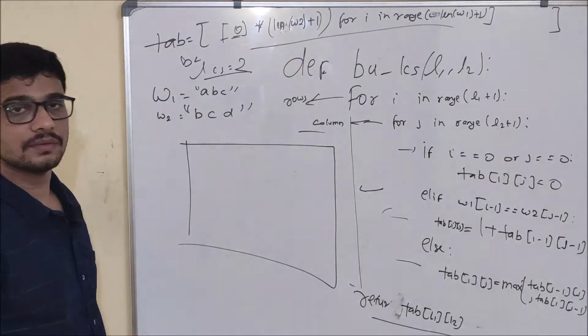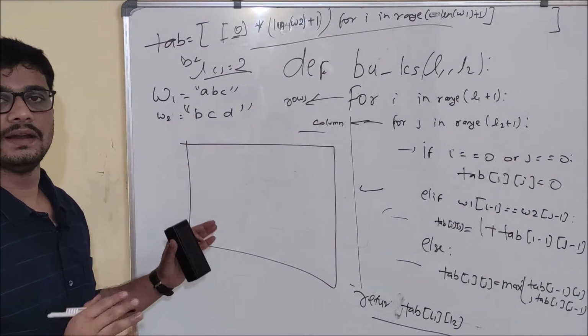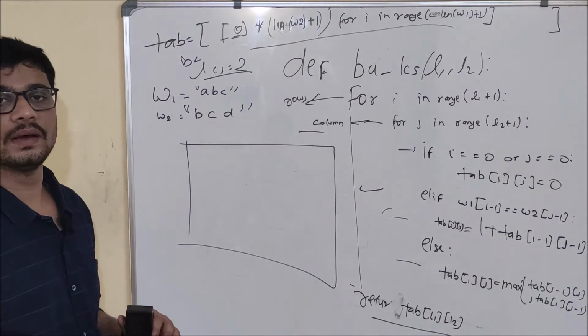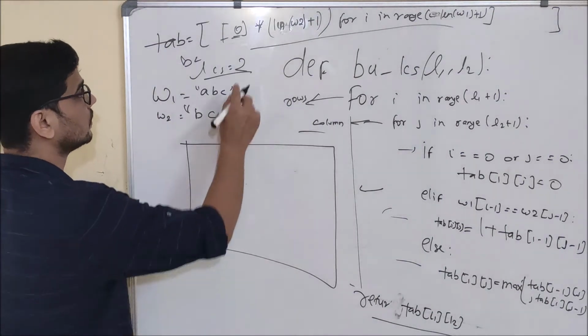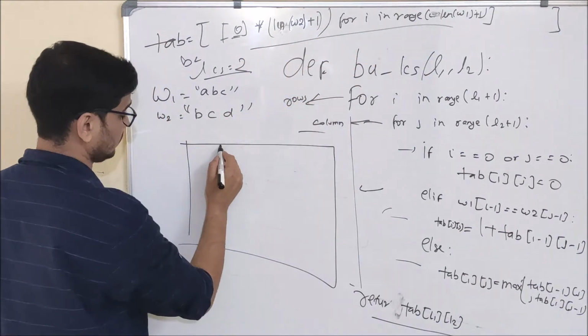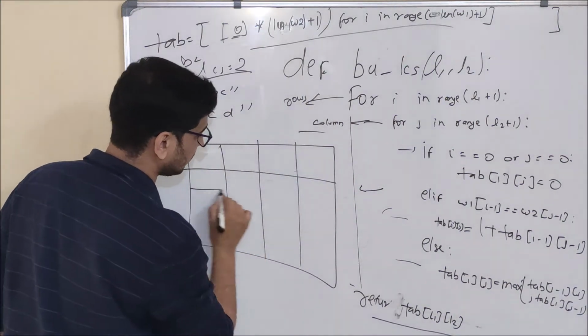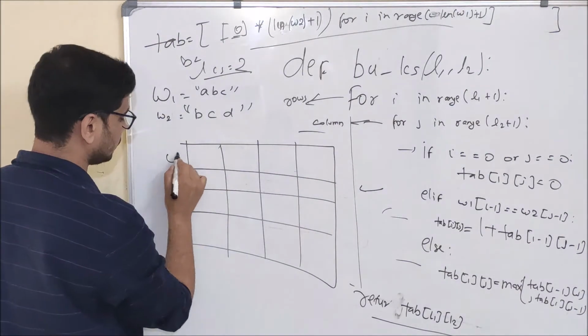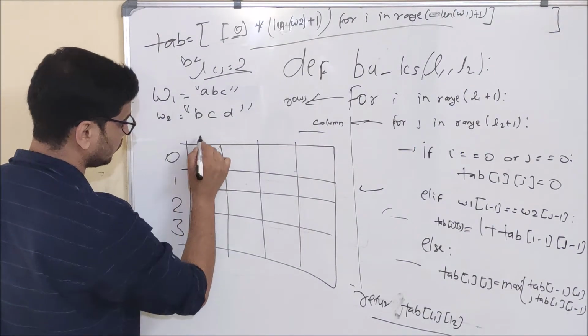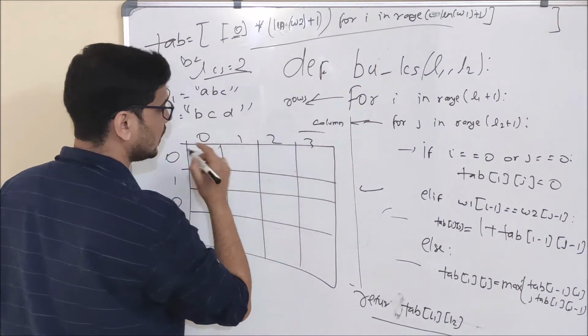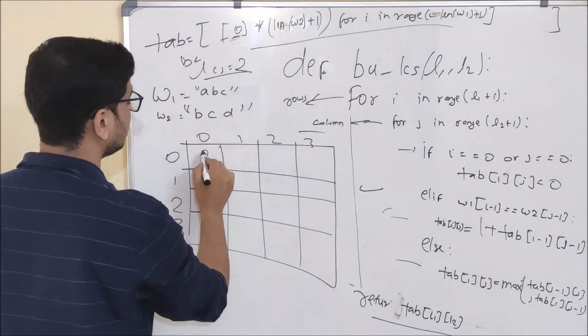As the length of word 1 is 3 and the length of word 2 is 3, our table dimension will be 4 by 4, as you can see here. Let's make a table, and this is our indexing for the table, 0 1 2 3 and 0 1 2 3, and here I am initializing it with 0.